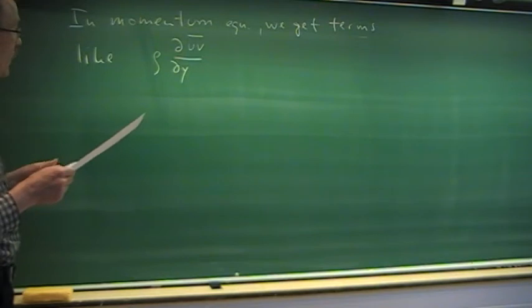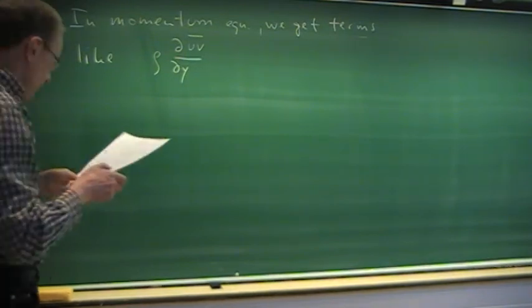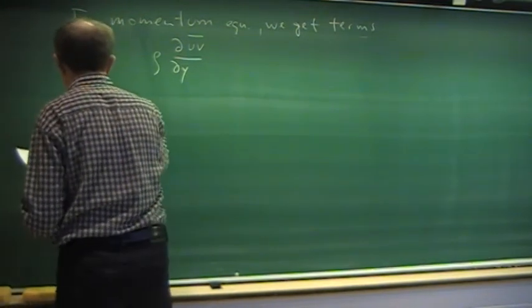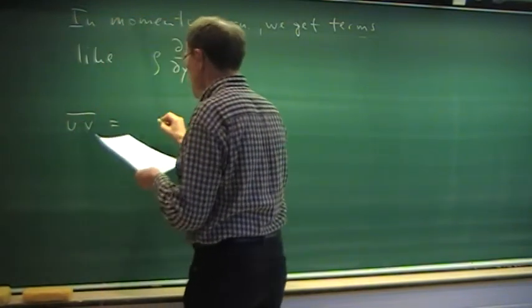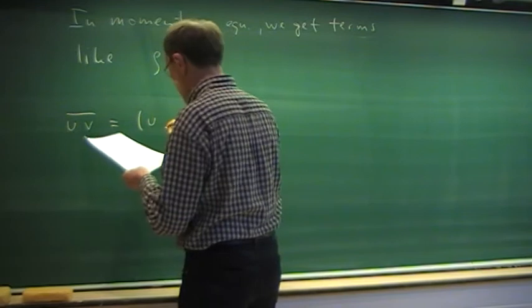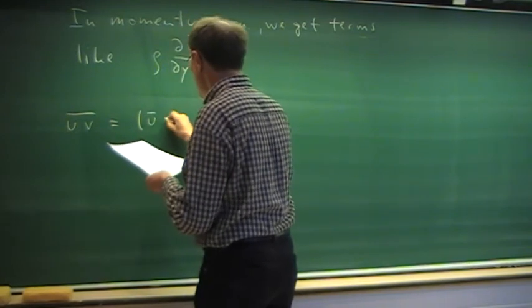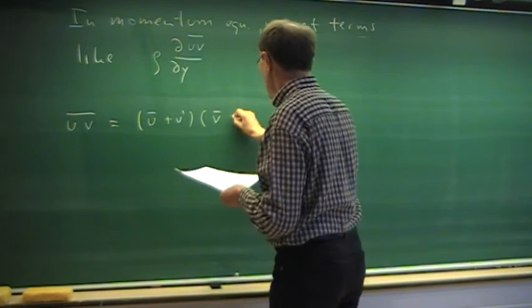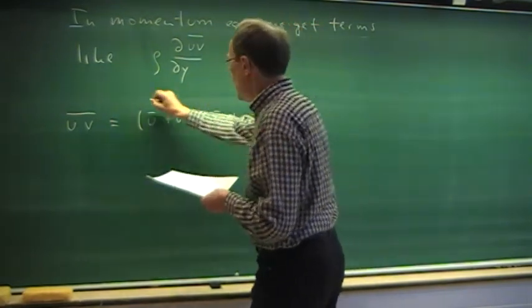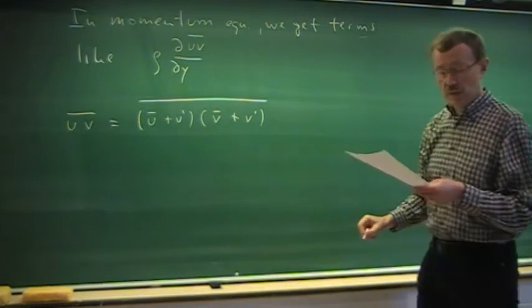is then the average of the product? So we study now what is uv, time average. So then we insert for u the ansatz as mean plus fluctuation, for v mean plus fluctuation, and then we take the average of that.